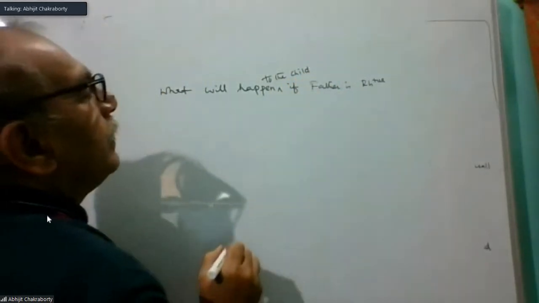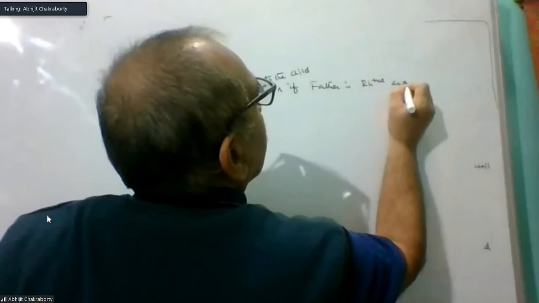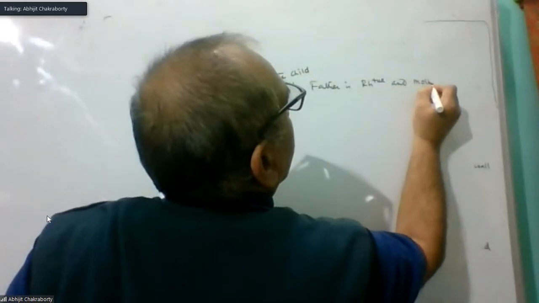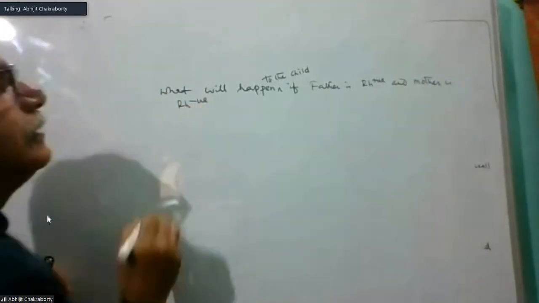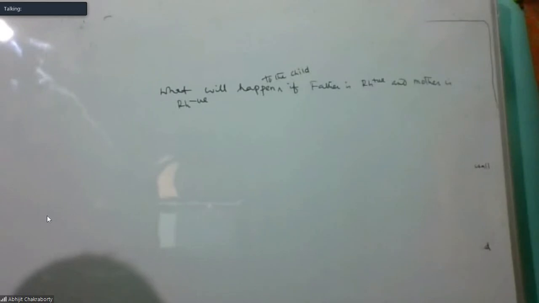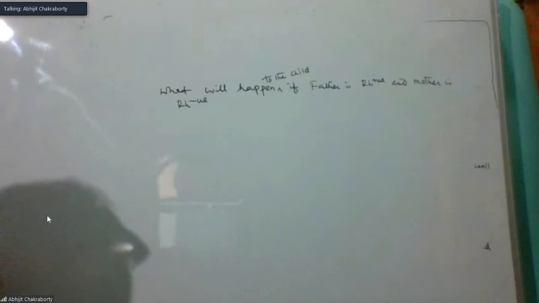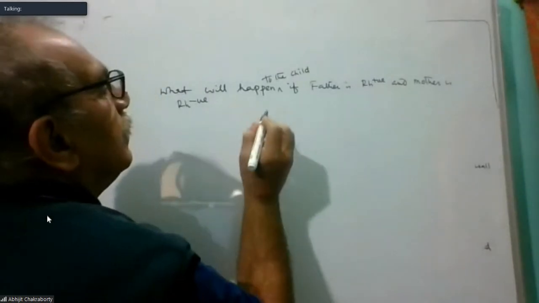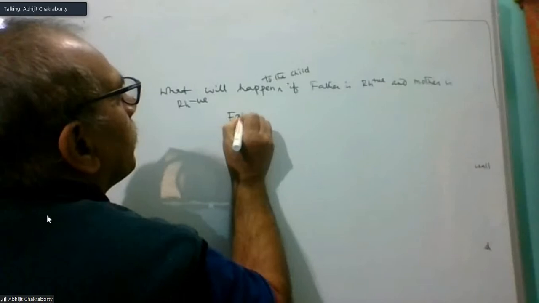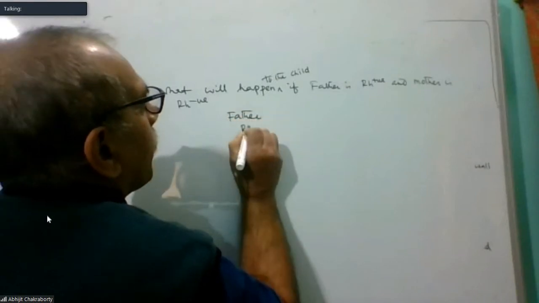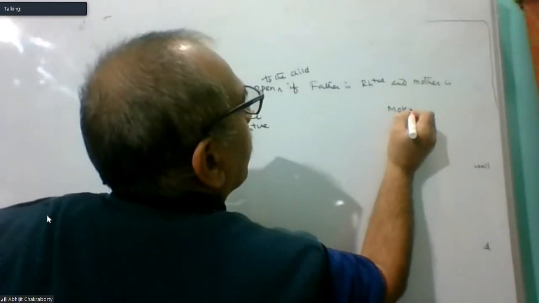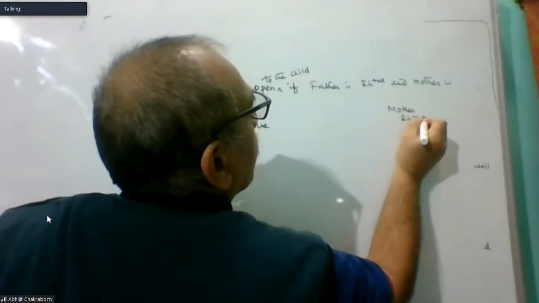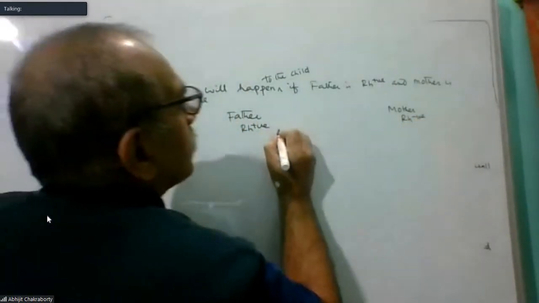What will happen to the child if the father is Rh positive and the mother is Rh negative? In other words, suppose the father is Rh positive and the mother is Rh negative, and this is the first child.